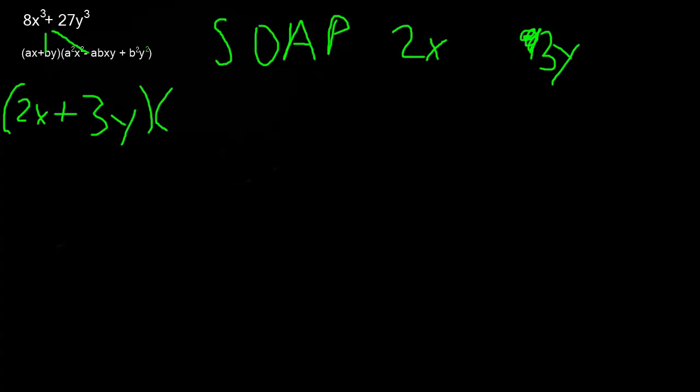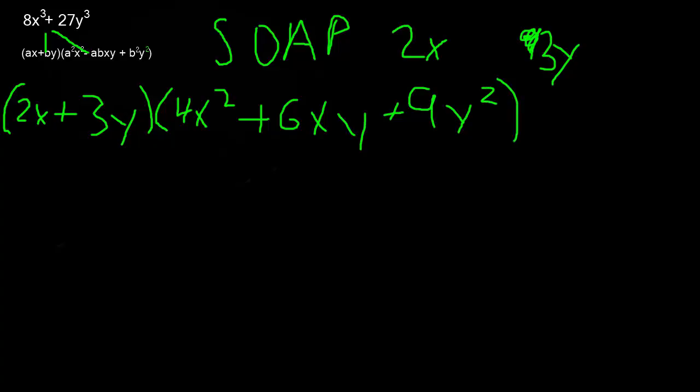That is the answer. And once again, make sure you remember to square both of these terms. And then this is just 6xy and 9y squared. So the only difference is the signs, which is what I was trying to prove by showing you the same terms, just a different symbol, the plus and the minus.